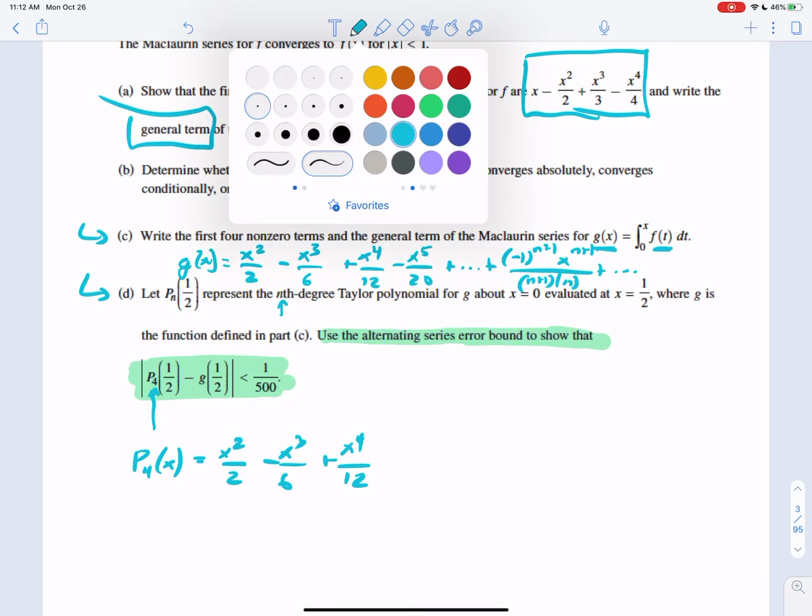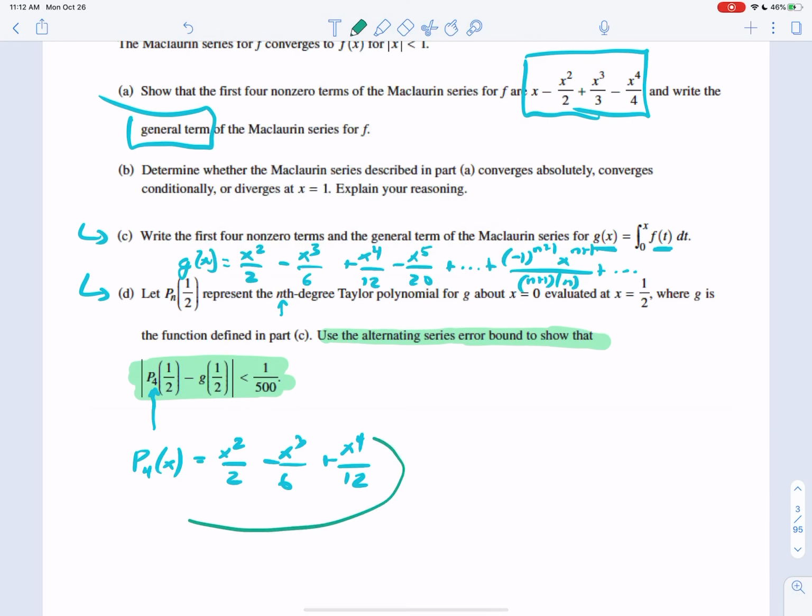So again, we're only going up to the 4th degree there, okay? So notice how we use the first, how many terms? We use the first 1, 2, 3 terms. That's 3 terms right there, okay?